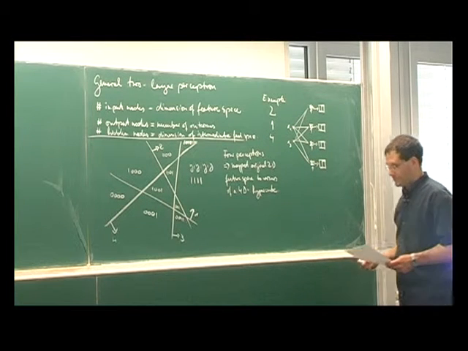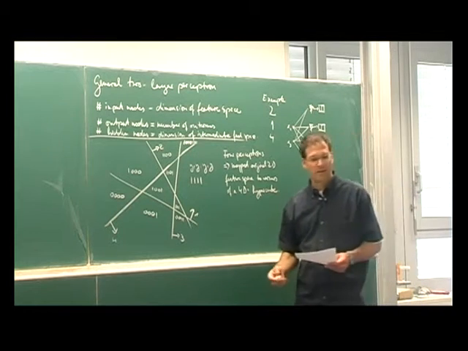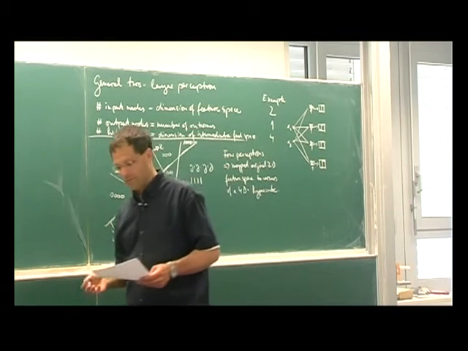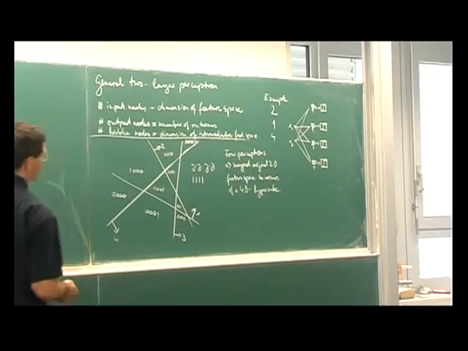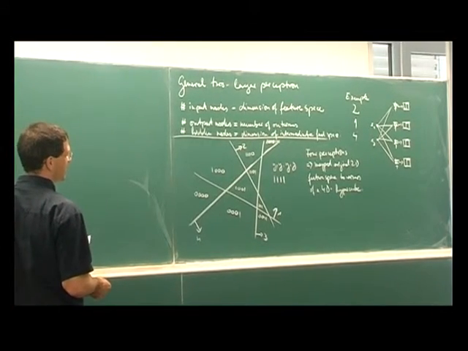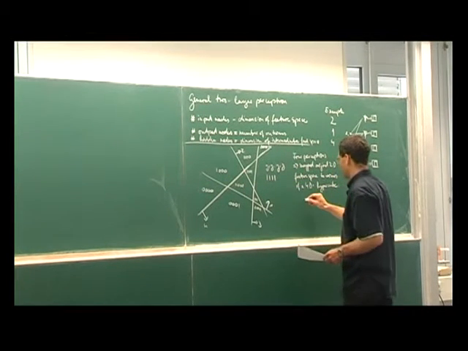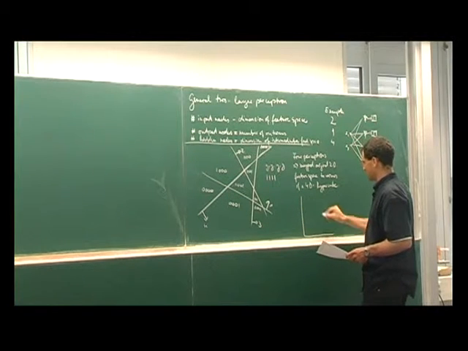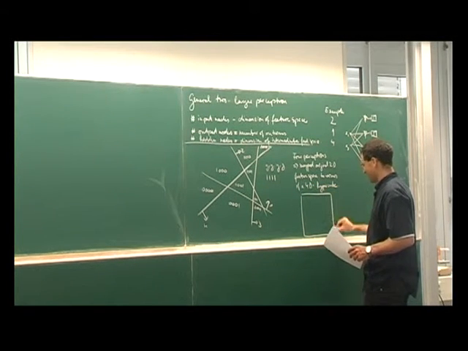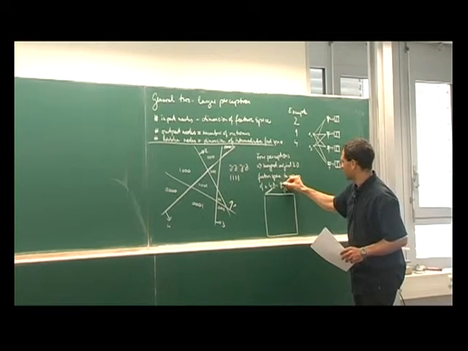I can draw a different picture to show the same, or to try and illustrate the same geometry here. It's a bit difficult to draw a 4D hypercube, but I will try. So let's take white for the outer part.